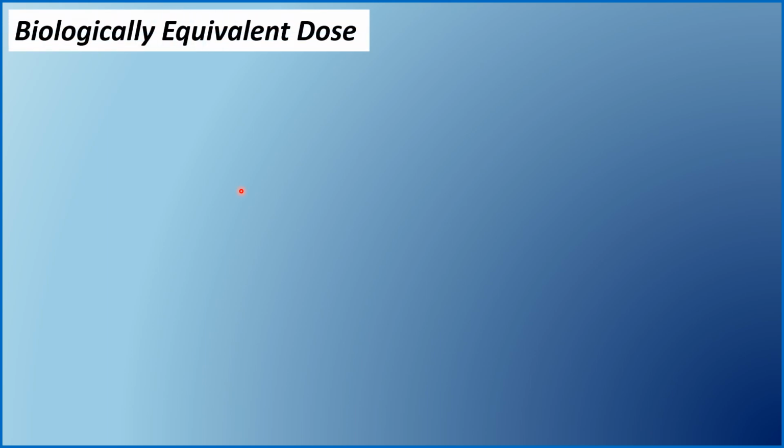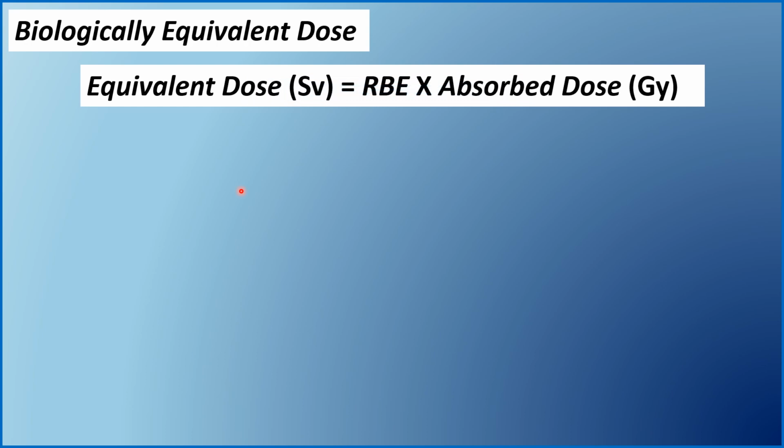So, a third important concept is the biologically equivalent dose, or simply equivalent dose, expressed in the SI unit sievert. This is determined by multiplying the RBE, or the relative biological effectiveness, by the absorbed dose.